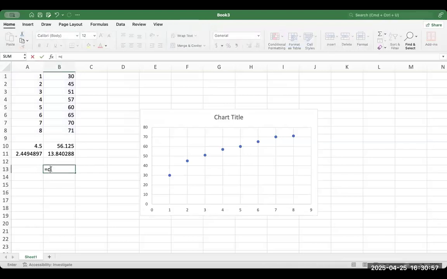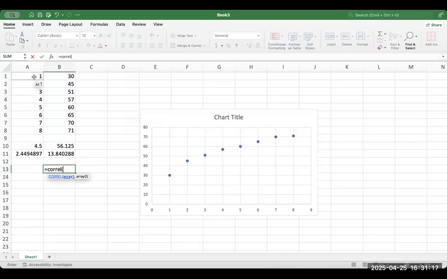So somewhere over here, I'm going to type equals CORREL, and I'm going to put a parenthesis. Now, what kind of correlation do we expect? We expect a positive number because this line has a positive slope. And I would think it would be kind of close to 1 because these are almost on a straight line.